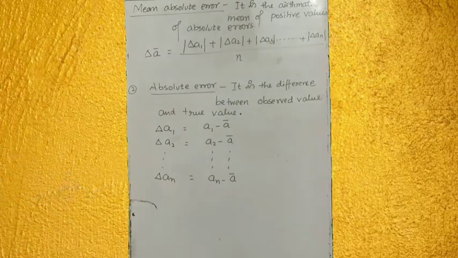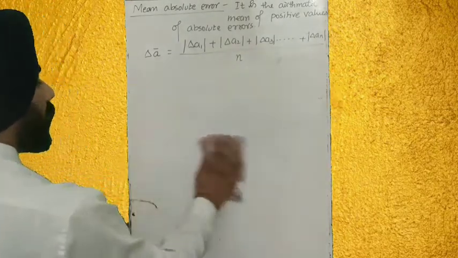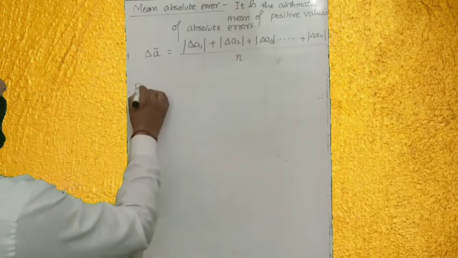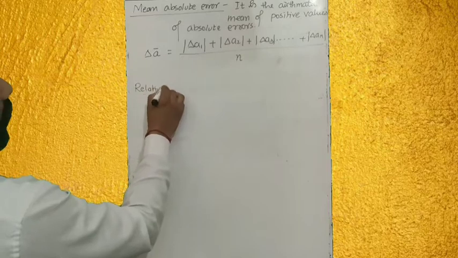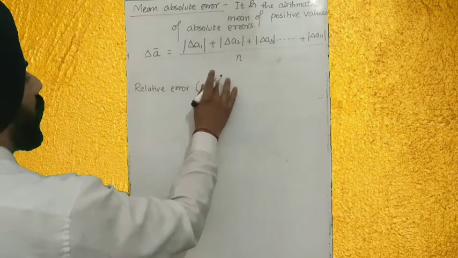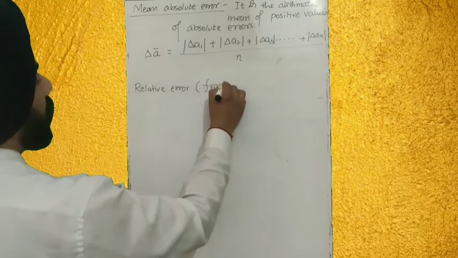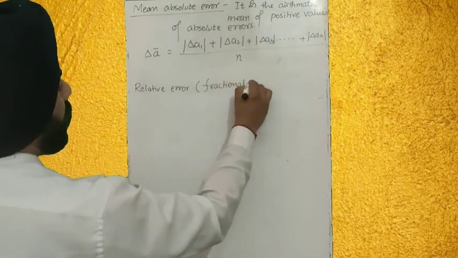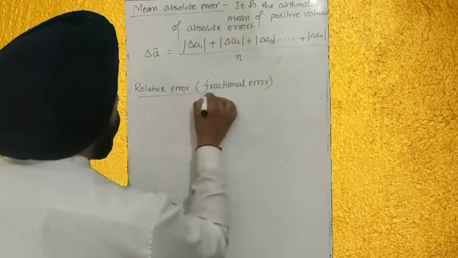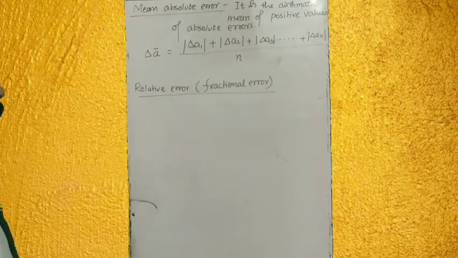Next comes relative error, or we call it fractional error. So what is relative error, or fractional error?